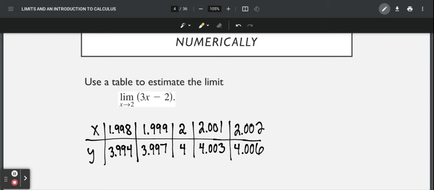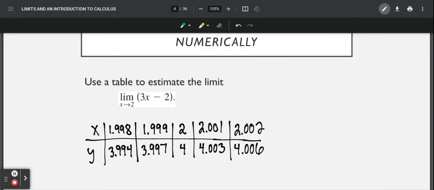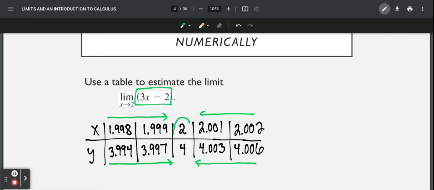If we ended up with even more numbers and you started to look at the patterns, you would say as our x values get closer and closer to 2 coming in from the left, our y values are getting closer and closer to 4. Same thing here: as we come in from the right, your y values were above 4, but now they're going down. And because 3x minus 2 is a continuous function, you actually have that value.